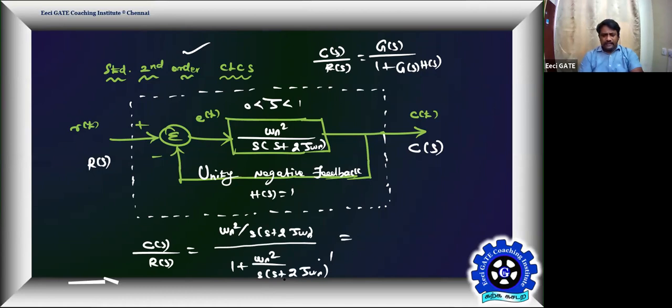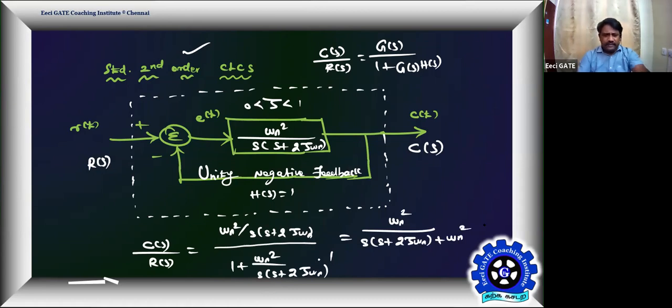As a result, after taking LCM, s into s plus 2 zeta omega n will vanish. Remaining, the numerator becomes omega n squared. Denominator is s into s plus 2 zeta omega n plus omega n square.